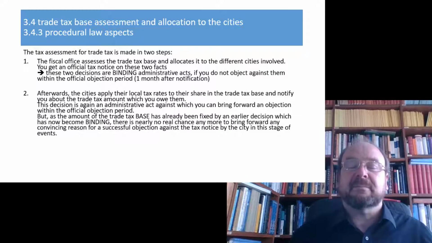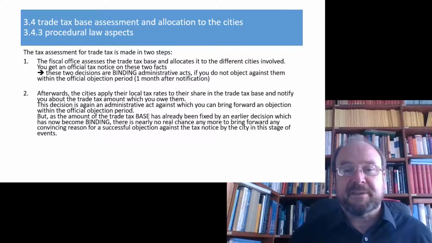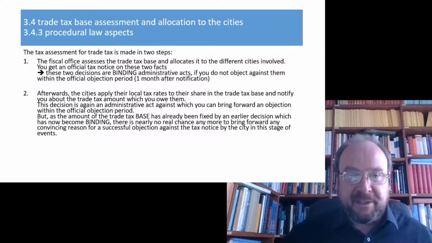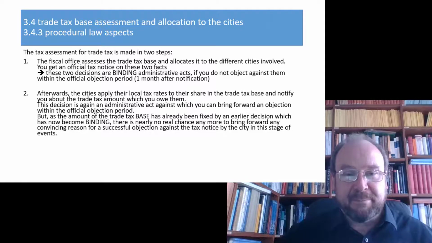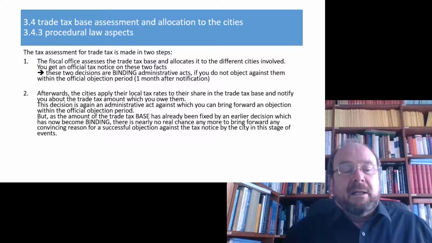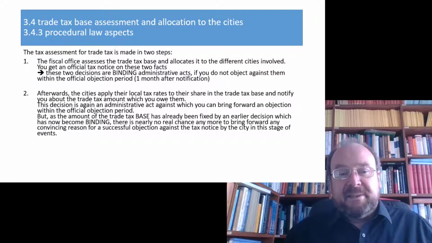Later, naturally, not only you, but also the cities involved get communicated which part of the trade tax base is allotted to them. And then the city administration sits down and writes you a letter, how much do you owe us?